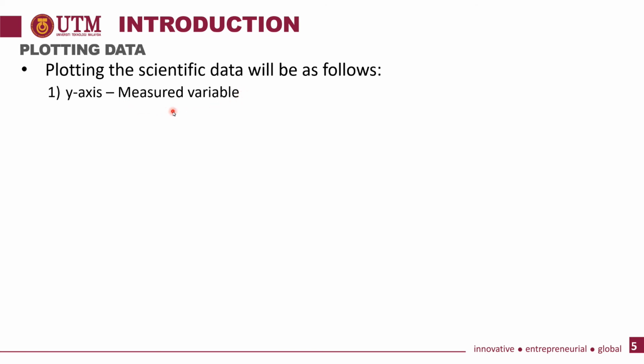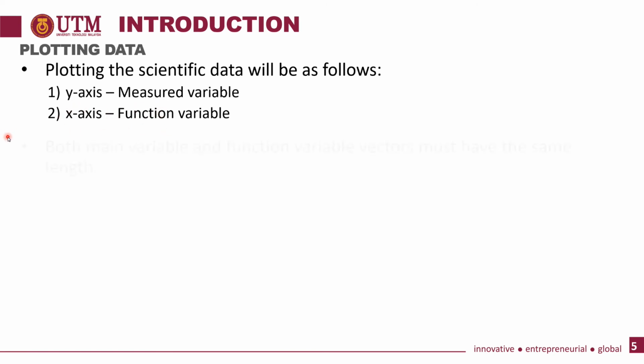Usually we put our measured variable on the y-axis, and the x-axis is the function variable. For example, if you wanted to measure voltage, it will be on the y-axis, and you measure the voltage every 2 seconds, so your function variable is time, which is the x-axis. So usually we put the measured variable on the y-axis and the function variable on the x-axis.